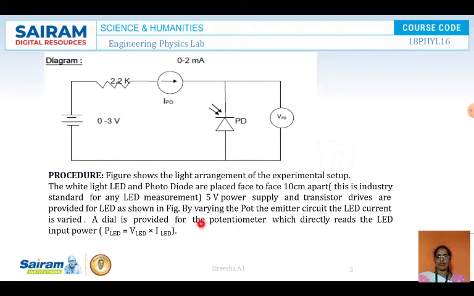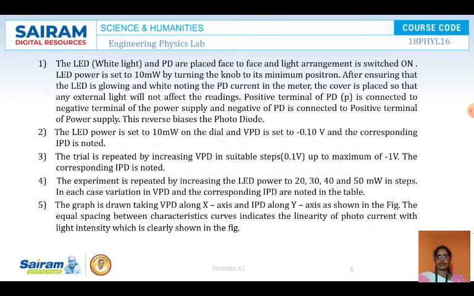The dial provided for the potentiometer directly reads the LED input, that is PLED, which is VLED into ILED. The LED, light emitting diode, white light, is allowed to fall on the photodiode. So whatever light the LED is giving will be taken as the intensity on the photodiode.